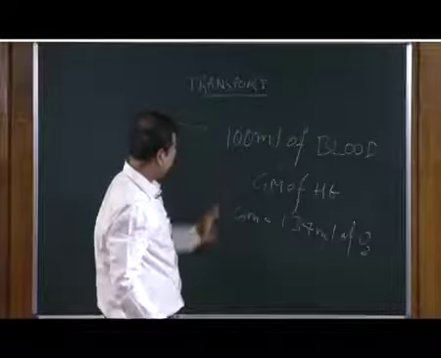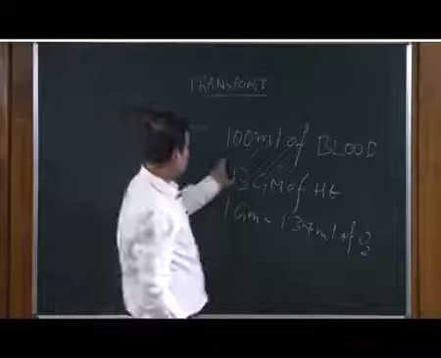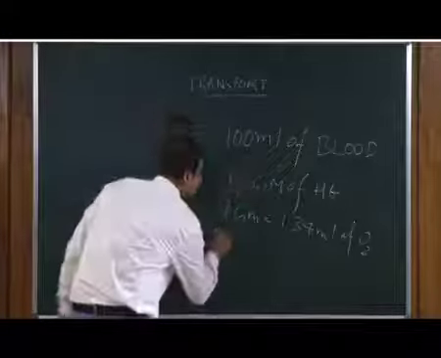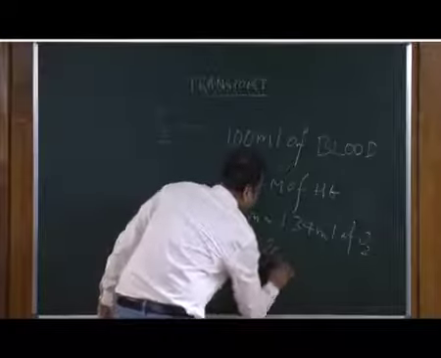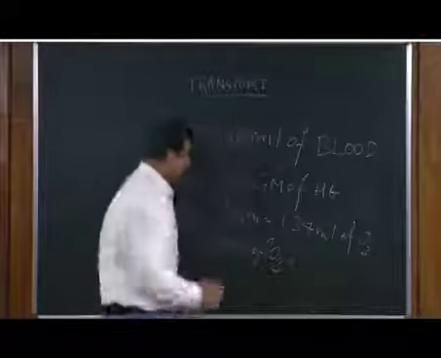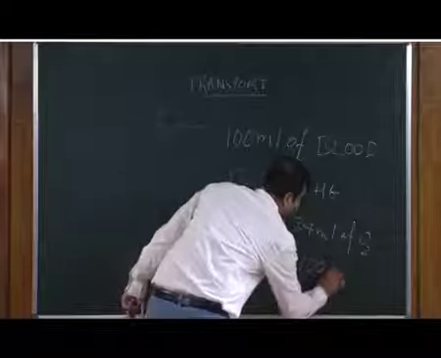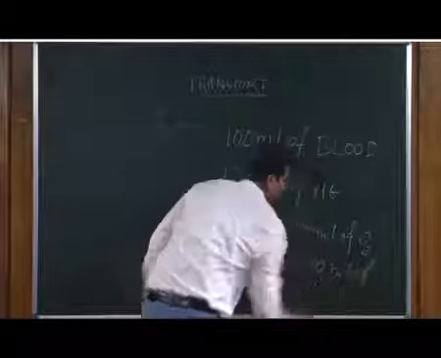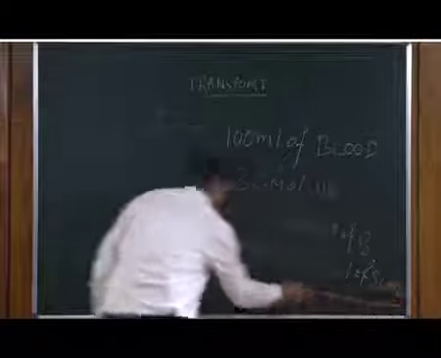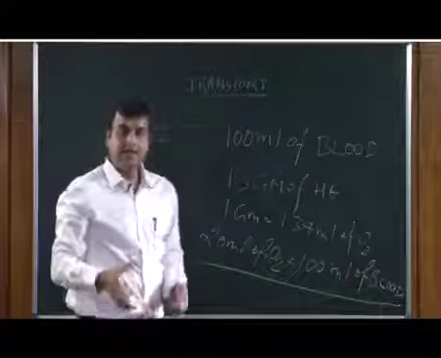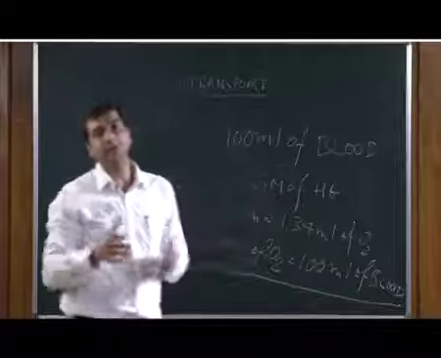That means if we multiply by 13, we get an idea that approximately 20 ml of oxygen is present in 100 ml of blood. So, this 20 ml is the actual carrying capacity of 100 ml of blood.